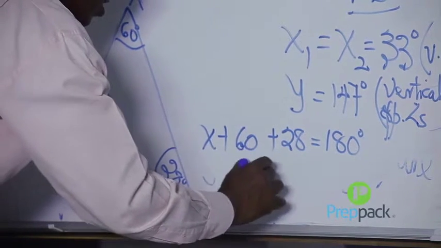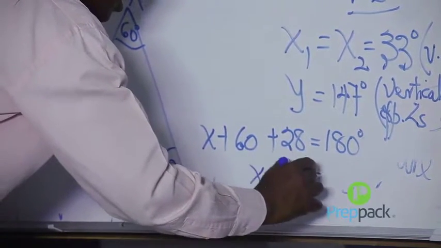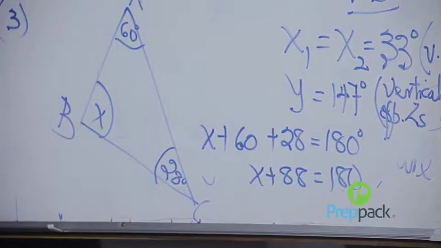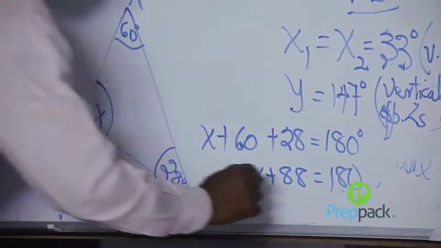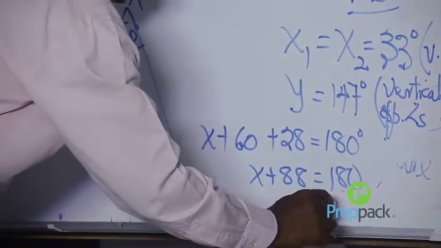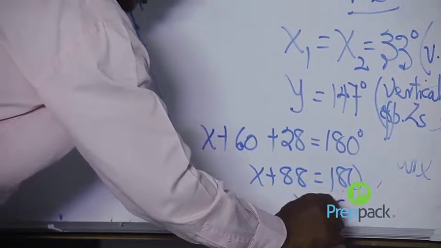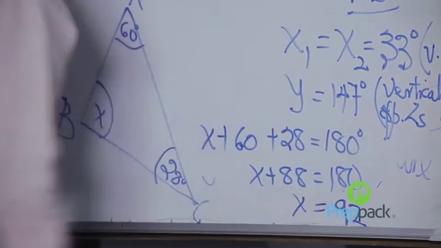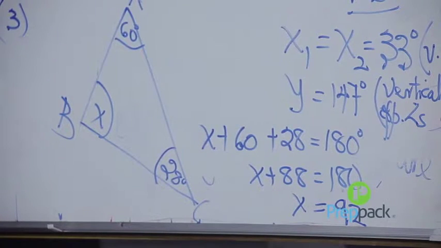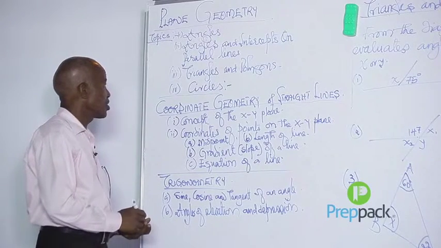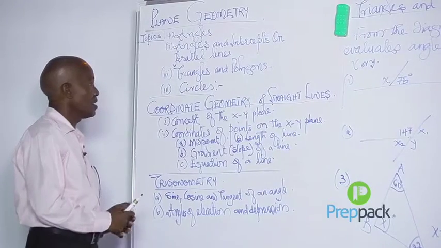So x plus 88 is equal to 180. So finding x, we subtract 88 from both sides, and here we get 92 degrees. That is the value of x. That gives us examples on what we've been doing earlier.